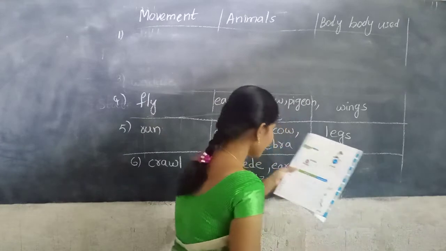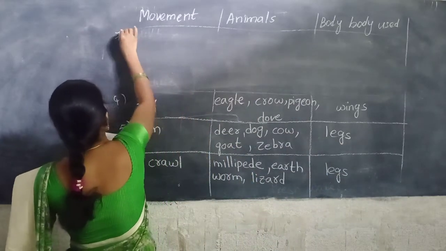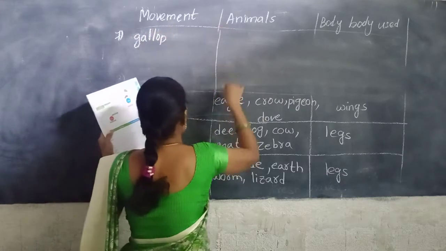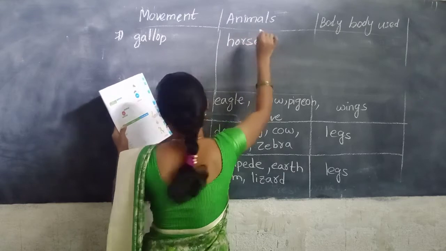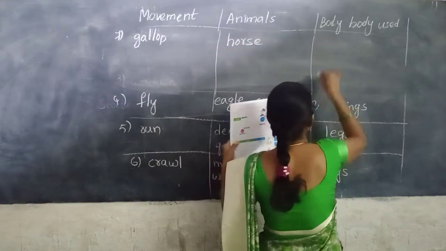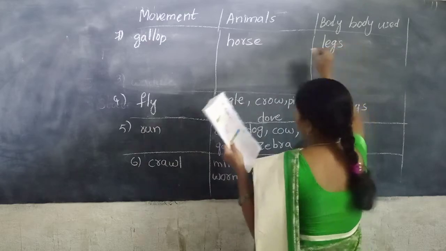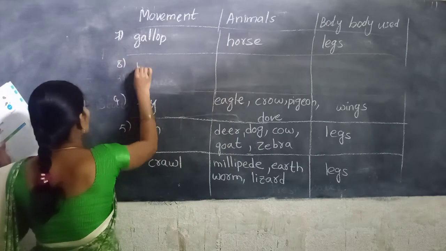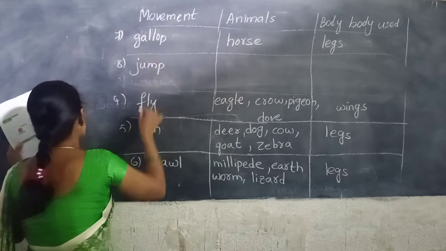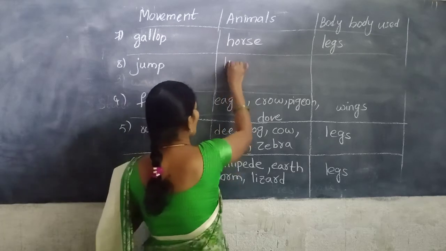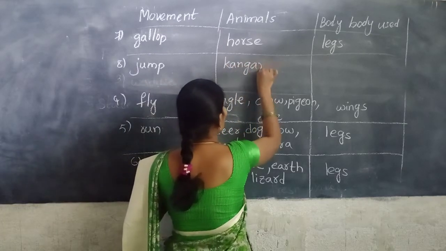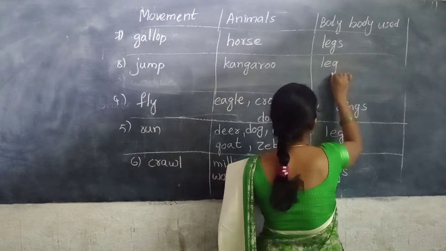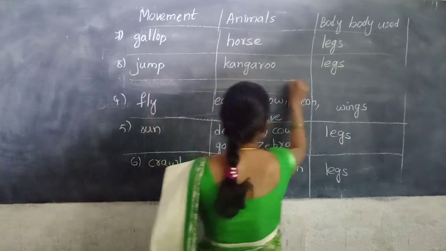Next, gallop. Horse can gallop. It also uses its legs. Next, jump. Kangaroo can jump. It also uses its legs to jump.